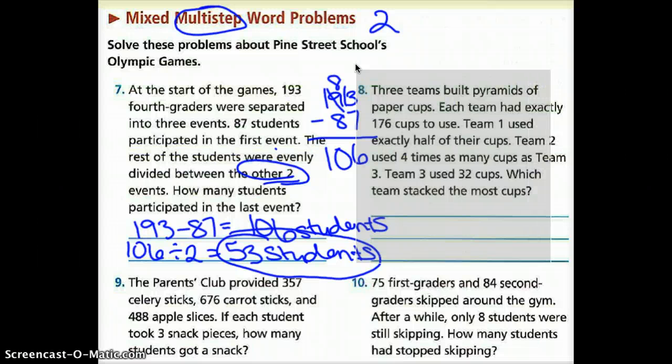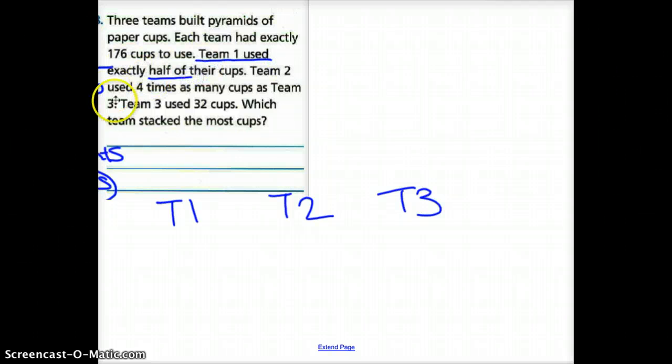Alright, I'm going to draw myself a little visual of this. So I have Team 1, Team 2, and Team 3. So Team 1 used exactly half. So Team 1 equals 176 divided by 2, because that's half.